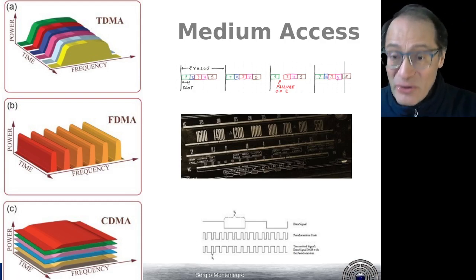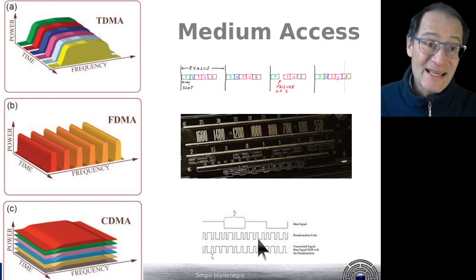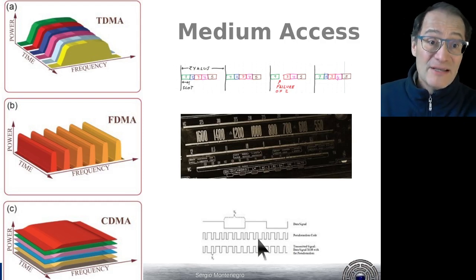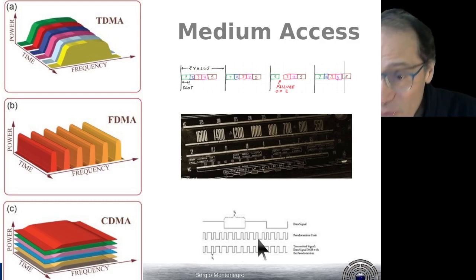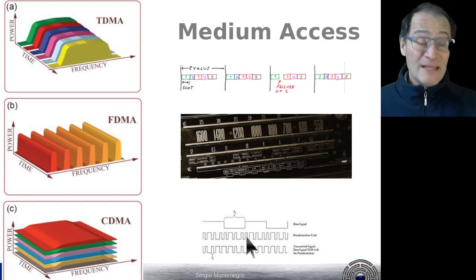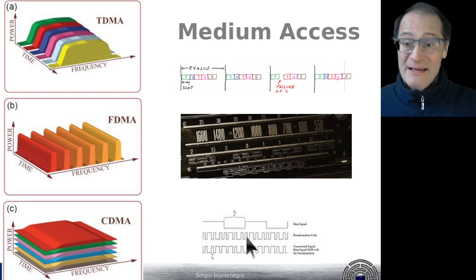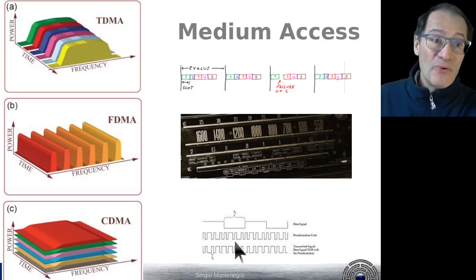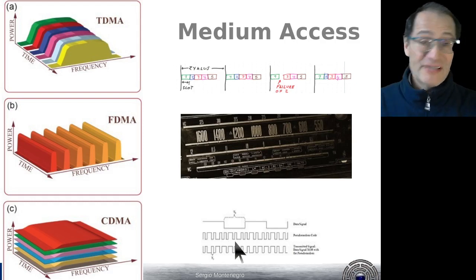But the code being sent is a special code for each sender. So if you have a correlator looking only for this bit pattern, it will recognize whether the bit pattern is there or not, and so you can recognize 0, 1, 0, 1 from each sender.